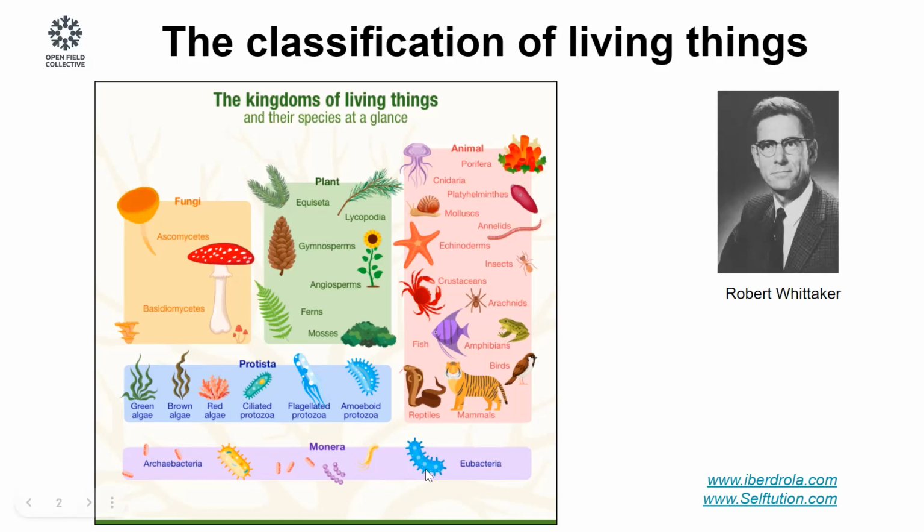There was another class, which is called Monera, which we will also talk a little bit about because it gets a little confusing with the new taxonomy classes about Monera and Protista, because what Whittaker did at that time, he basically put everything which he couldn't classify at that time into the Protista group. So if you see the green algae, the brown algae were put together with protozoans in the Protista group.